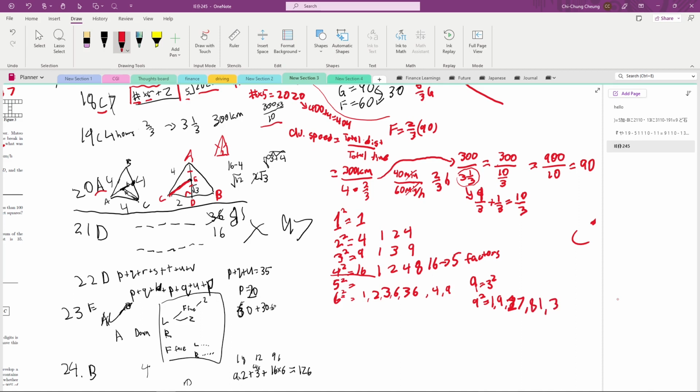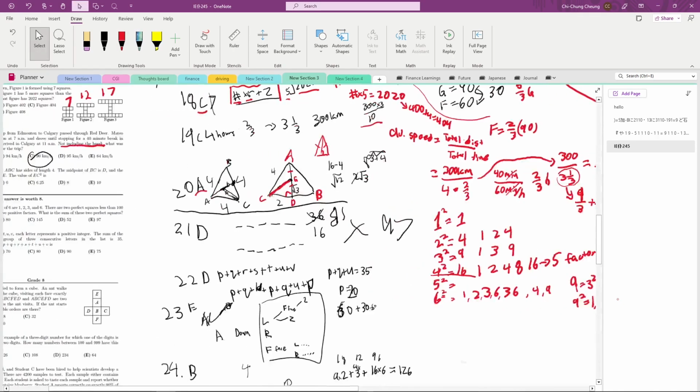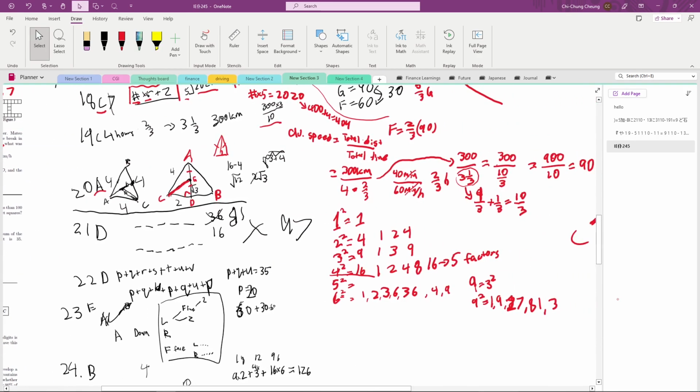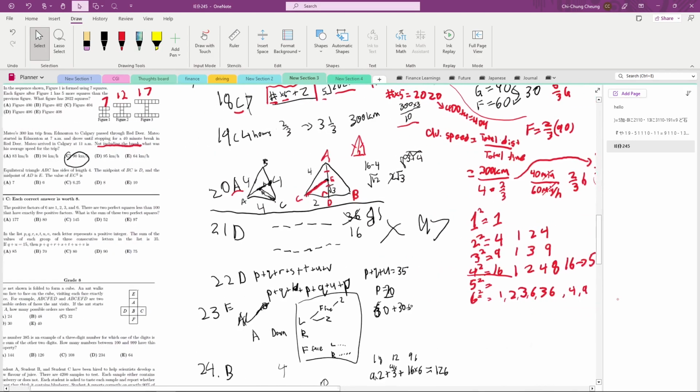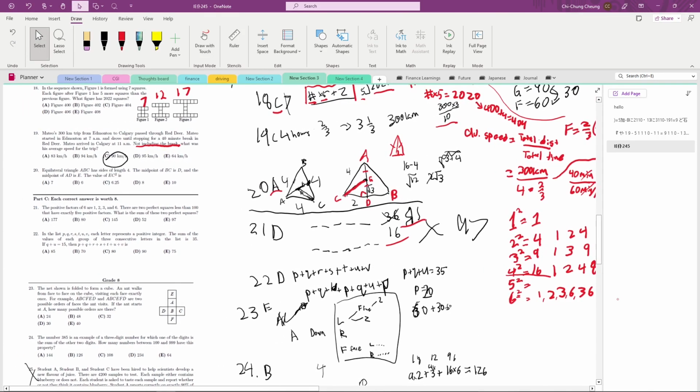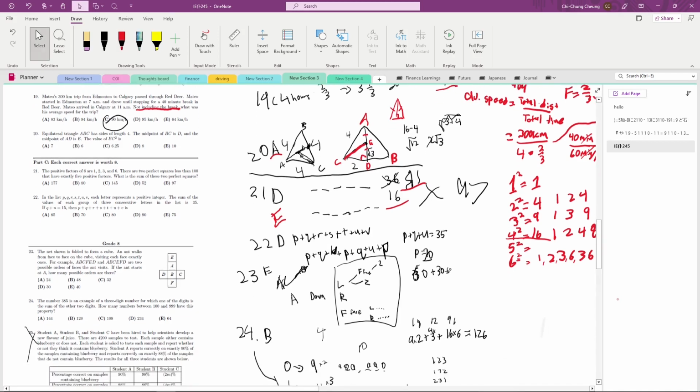Oh, and also 3. That's 5 factors. So it should have been 4, 9, which leads to 16 plus 81, because you want the sum, which is 97. So yeah, it should have been E, not D.